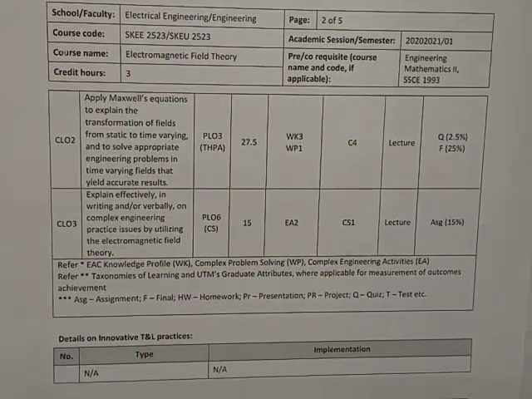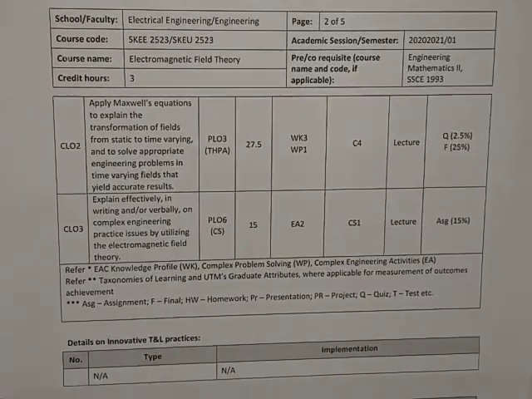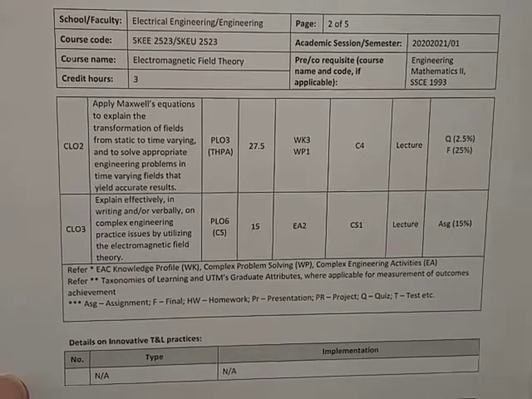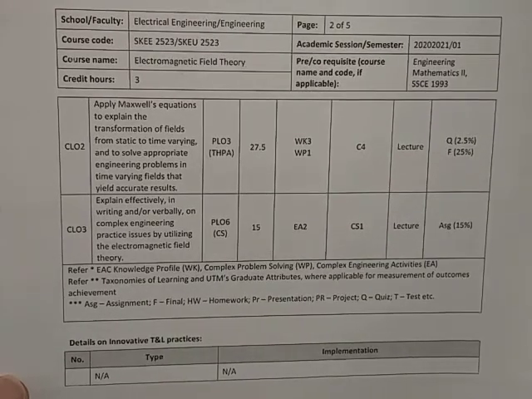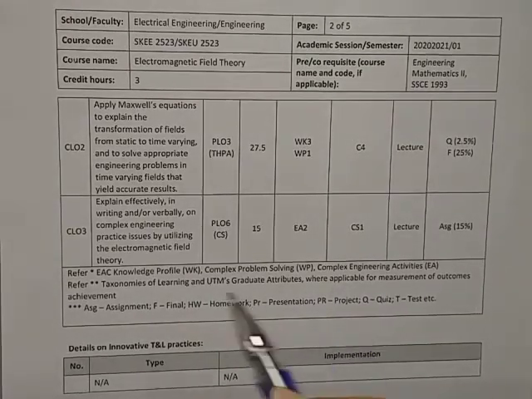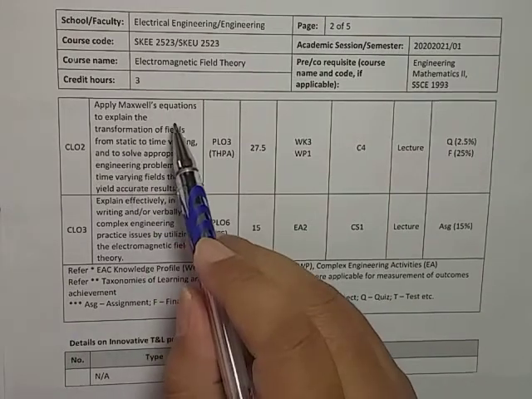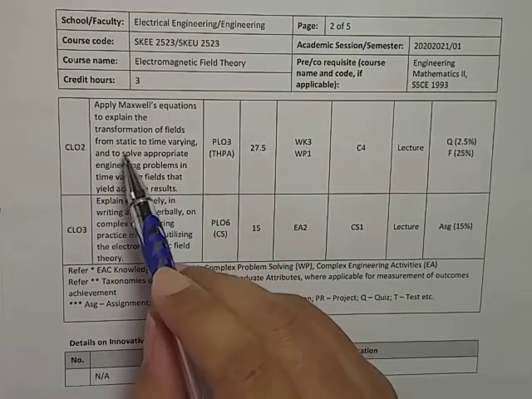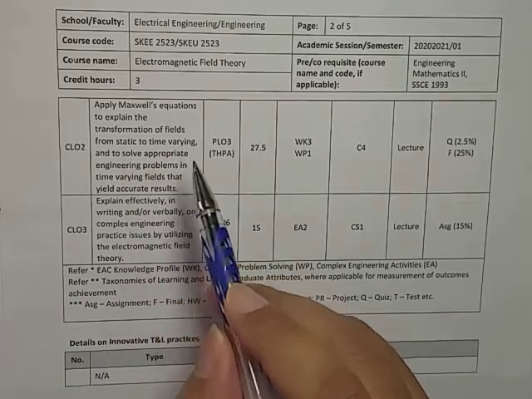Okay, in today's video session, we would like to focus on learning outcome number 2 from our course information, which states: apply Maxwell's equations to explain the transformation of field from static to time varying.